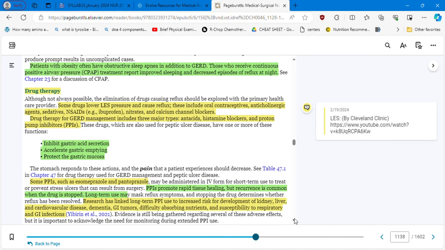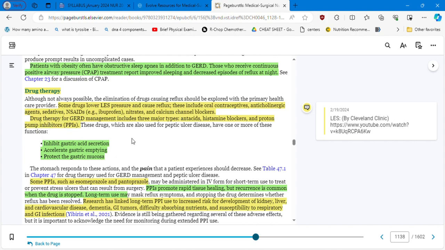Now, drug therapy. Some drugs lower the lower esophageal sphincter pressure and cause reflux. These include your oral contraceptives, anticholinergics, sedatives, NSAIDs, nitrates, and calcium channel blockers. Drug therapy for GERD management includes 3 major types: antacids, histamine blockers, and proton pump inhibitors.